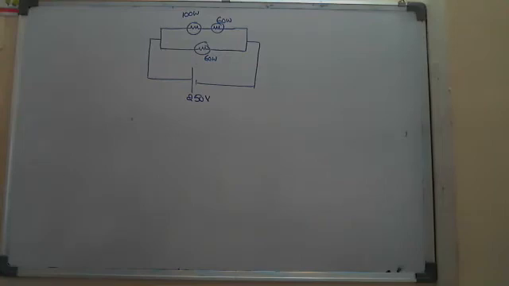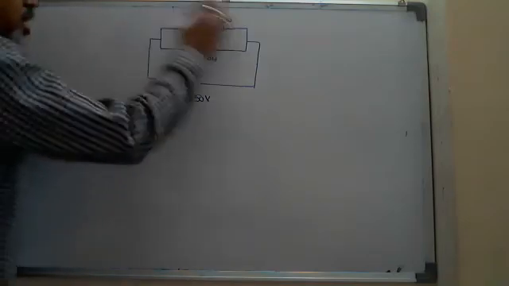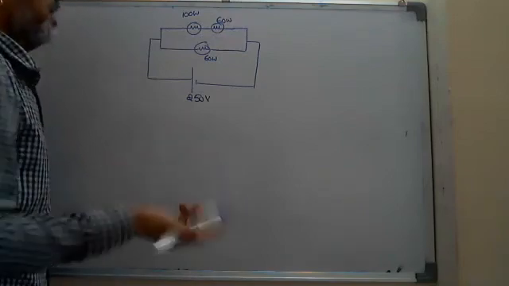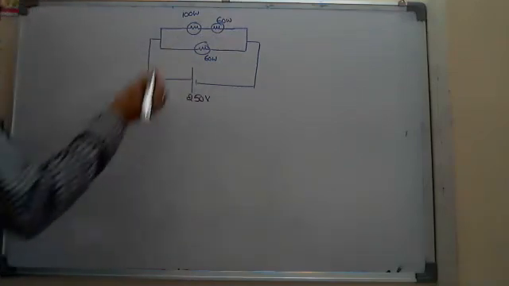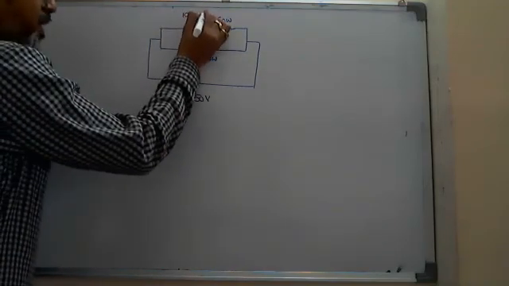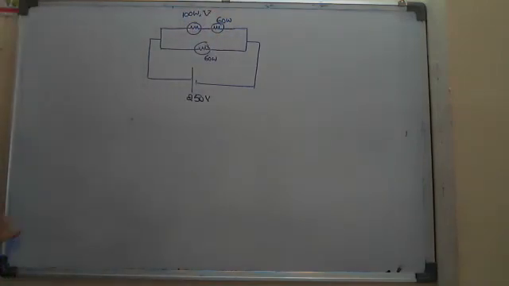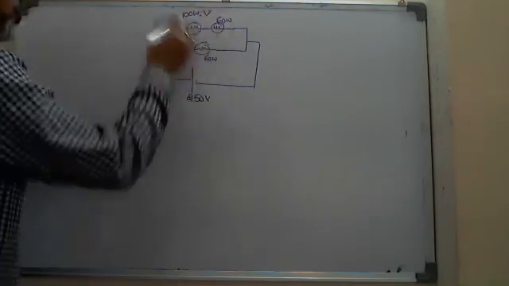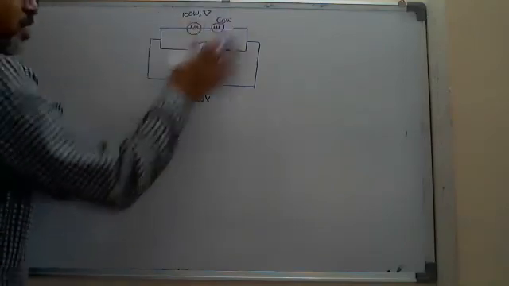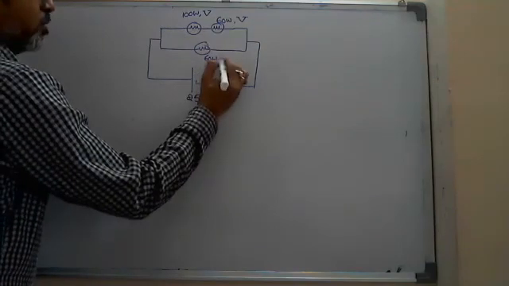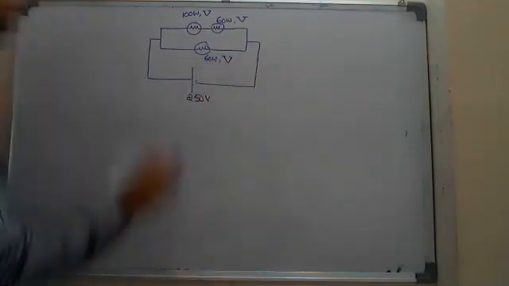Suppose all the bulbs are manufactured in India; the Indian voltage we generally know is 220 volts. So we are assuming all 3 bulbs are manufactured in India. Let it be some V.